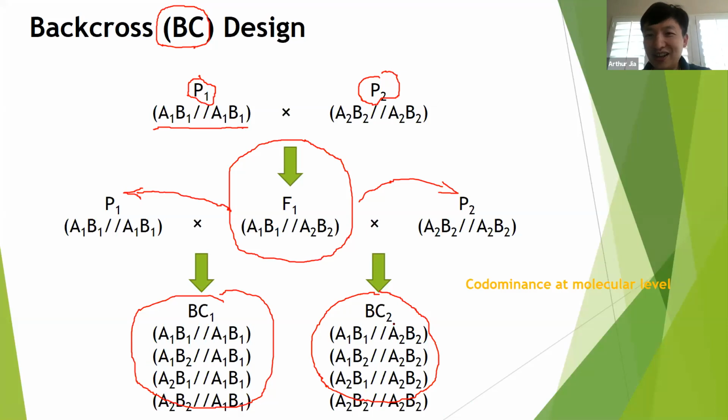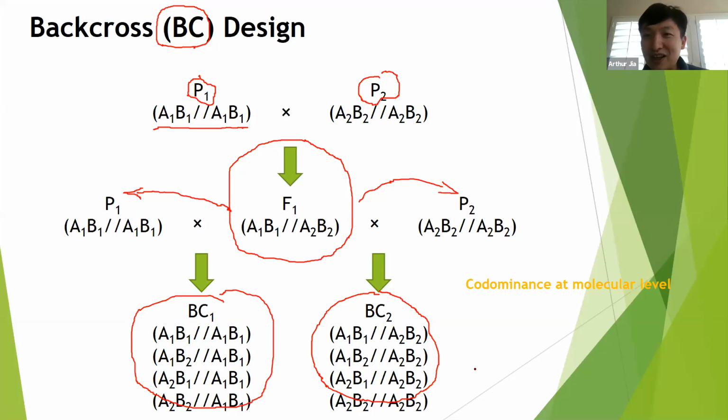So if we use a molecular level genotyping strategy, nothing can be hidden, right? There's no such thing as dominant or recessive.